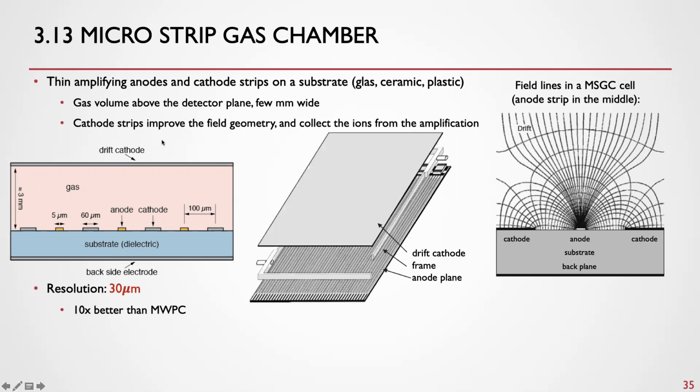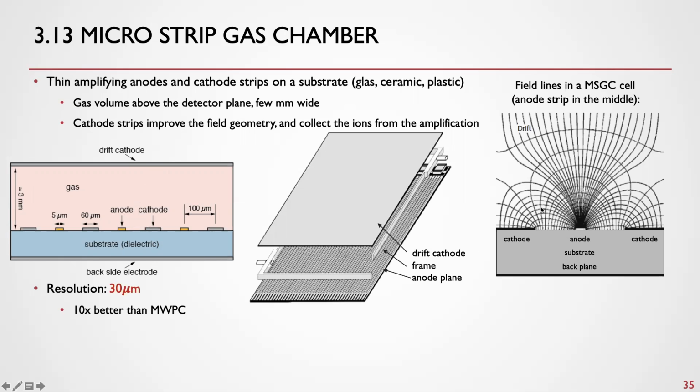So we have a particle going through, as usual. We create electron-ion pairs. The electrons drift to the anode and cause avalanches, and the ions from the avalanches are absorbed by the cathodes.